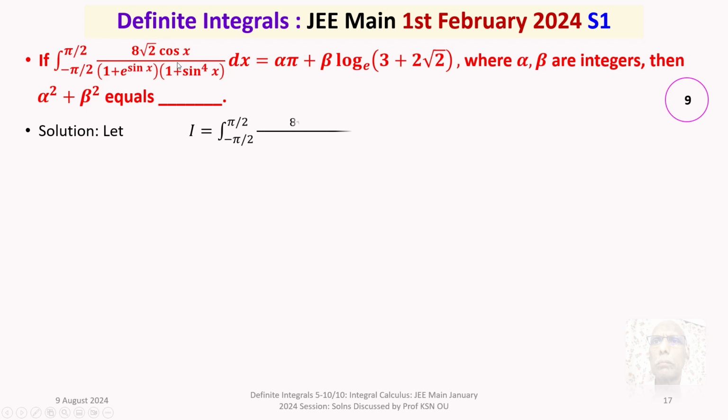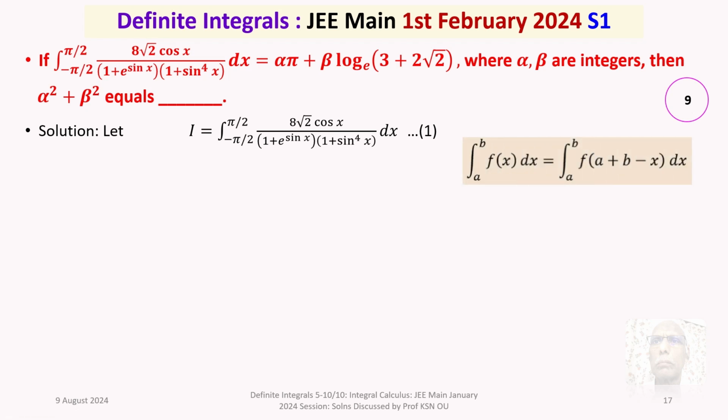So we have to evaluate this integral. We call that integral as I, equation 1. Now we want to again apply the King's property, and we replace x by minus pi by 2 plus pi by 2 minus x, that is x by minus x by King's property.